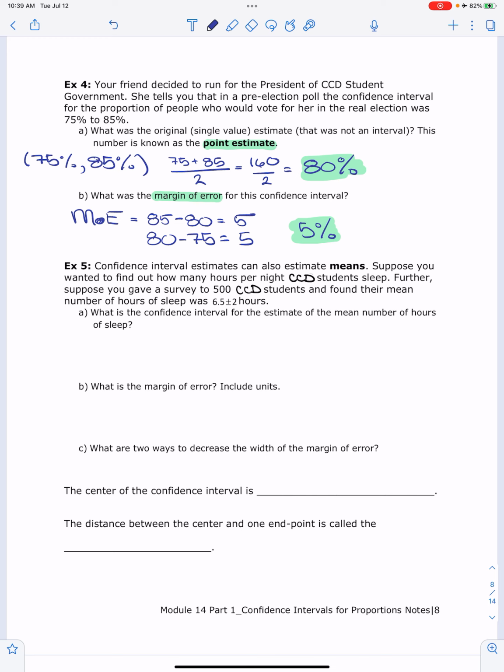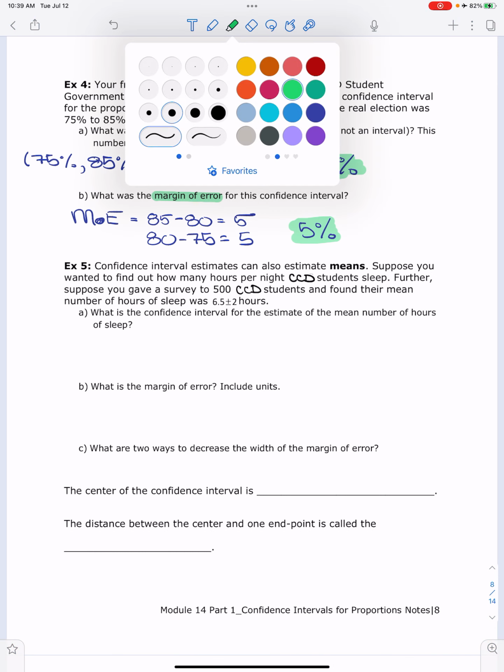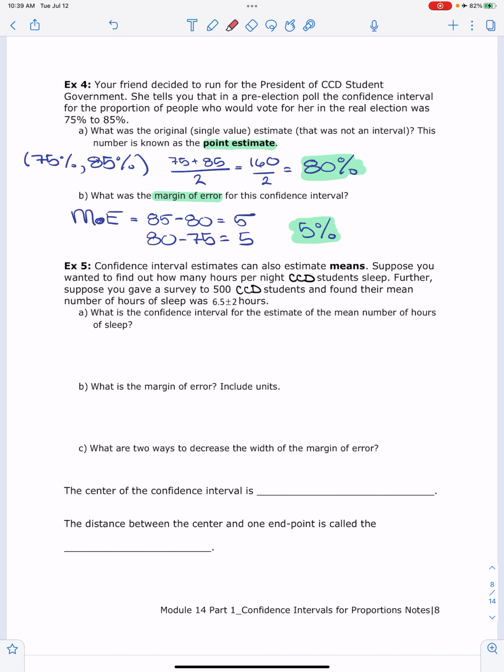Okay, now, that gives us the mean. Found their mean is 6.5. The plus or minus 2 is our margin of error. So the confidence interval for the mean number of hours of sleep is 6.5 plus or minus 2.